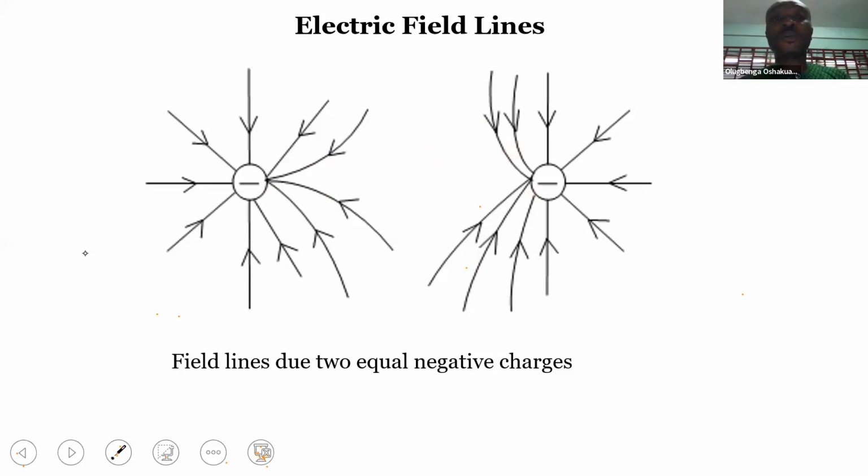Because they are like charges, they are both sinks, both looking for lines that will come and crash into them. For that reason, they would not really interact. They'll be pushing themselves away. Their field lines will not originate from one and terminate in the other.